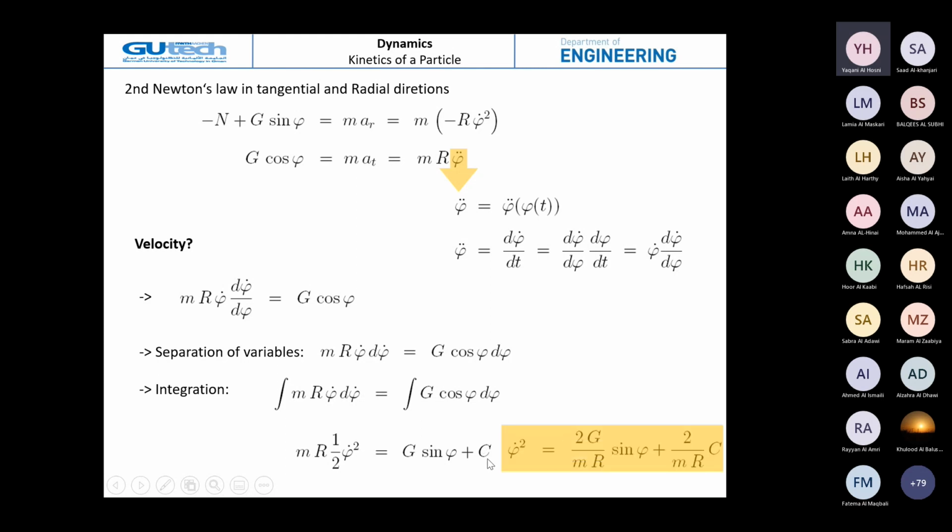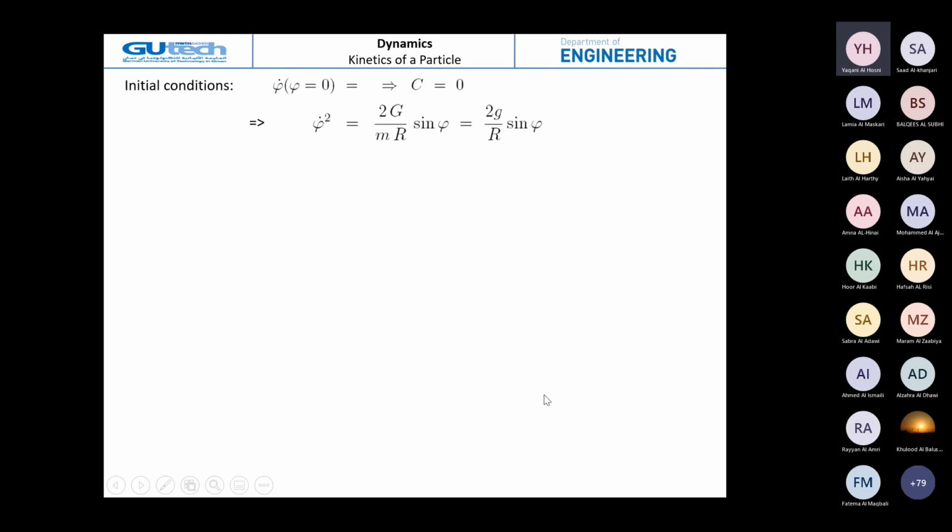With respect to phi dot, we can get it from this equation. Of course, to get the constant of integration, we take the initial condition: phi dot for phi equal to 0 is equal to 0. Then we get c equal to 0.